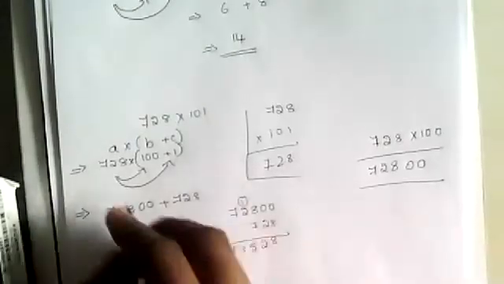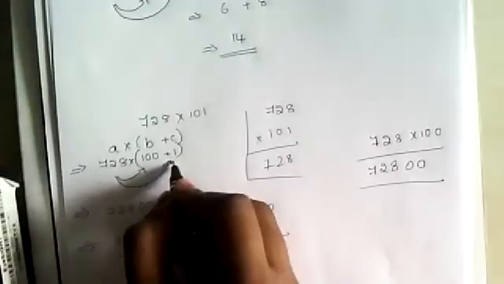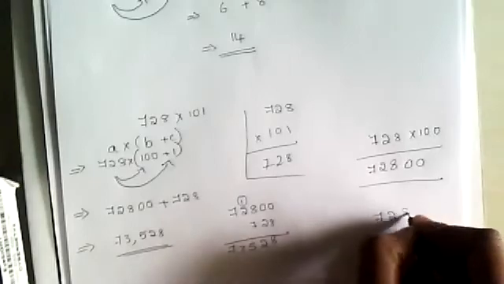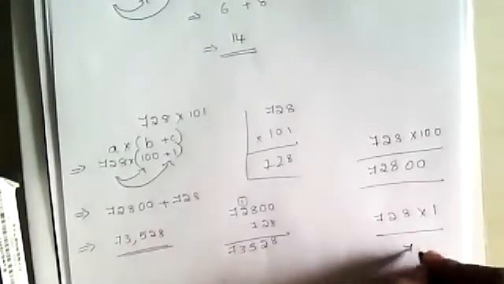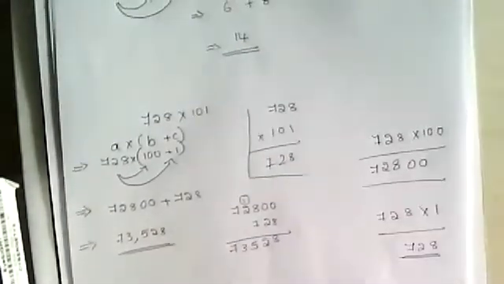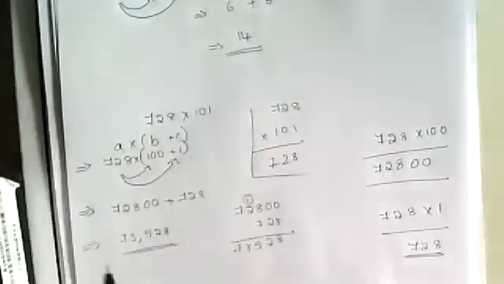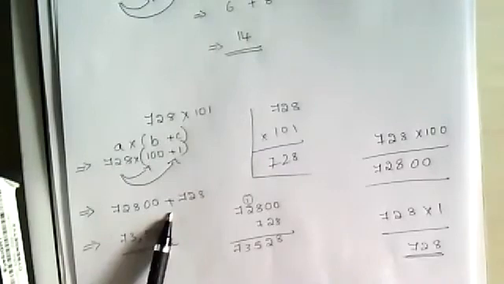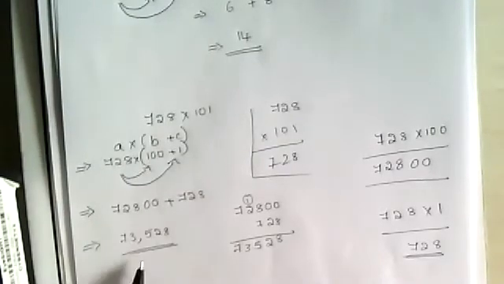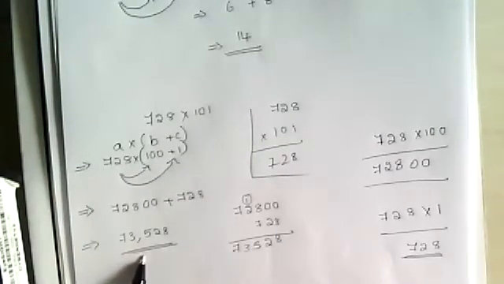And next again I will multiply 728 into 1, so the answer is 728. Correct? In the formula we have a plus sign, so I have taken a plus sign here. When we add these two, we got 73,528. Okay, this is the new property you are learning in this class.